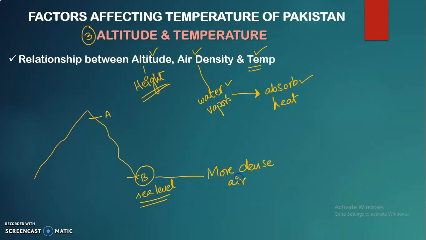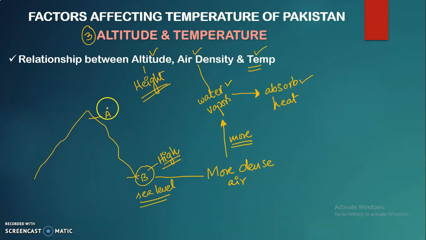Why? Because at this point the amount of water vapors is more because of sea level. So over here the air is more dense just because of the more water vapors. So the heat absorption would be more, because of which the temperature at this place would be high.